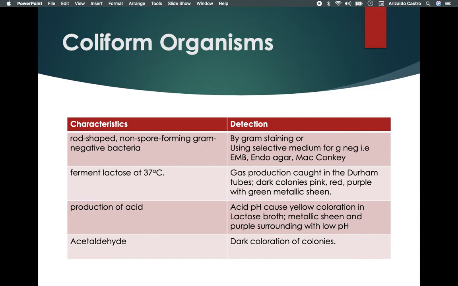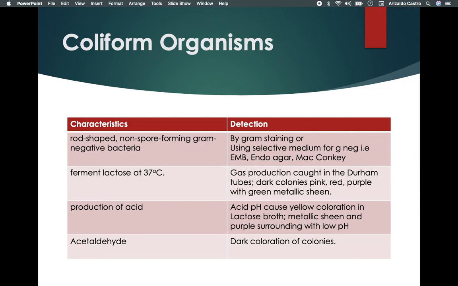Okay, how do we check on the cellular morphology? Of course, we do gram staining, or we can check the growth of the coliforms in selected media. For lactose fermentation, we can check on gas production caught in the Durham tube in our confirmatory test. The colonies will usually have dark coloration, dark pink, red, purple, with green metallic sheen.